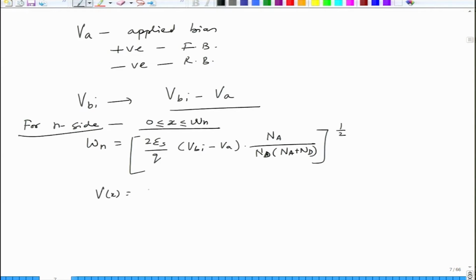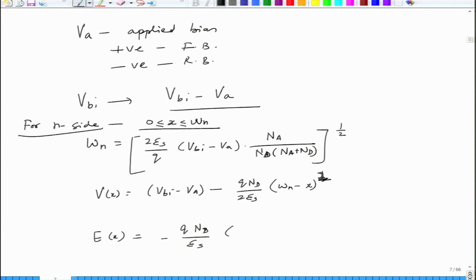Vx will be VBI minus VA into minus of q Nd divided by 2 epsilon s into Wn minus x squared. And Ex, you are just replacing this, will be q Nd divided by epsilon s into Wn minus x. The electric field form remains the same; it's only the bias which has changed.